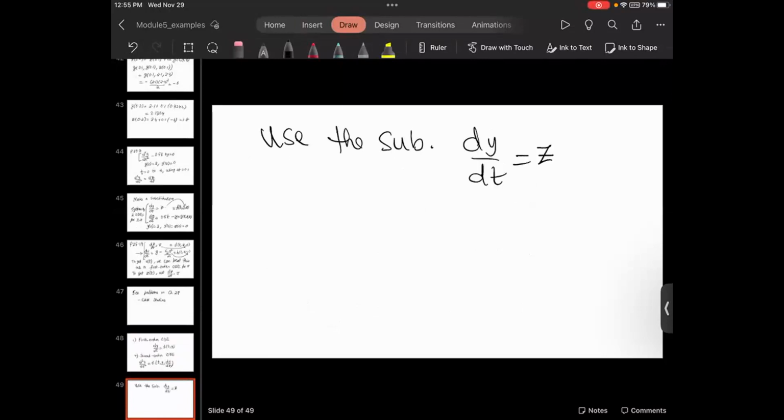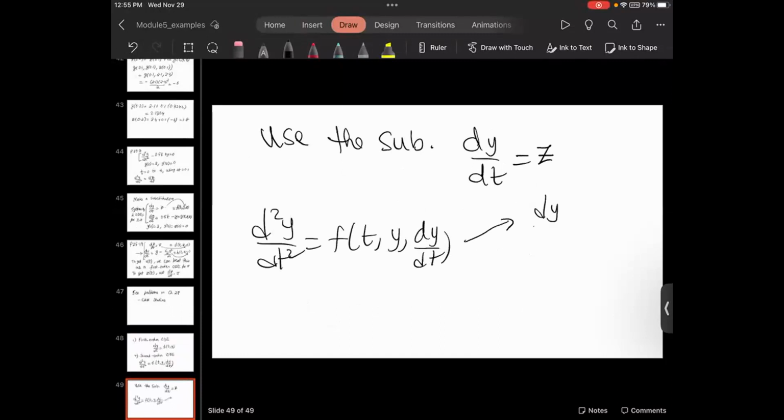So you get two equations: d squared y over dt squared equal to function of t, y, and dy by dt splits into two equations, dy by dt equal to z, and dz over dt is a function of t, y, and z. So that is the second type we saw.